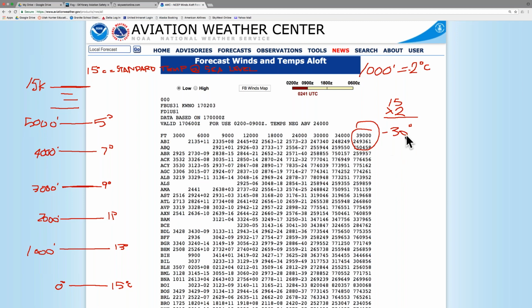To figure out the deviation from ISA, to figure out what ISA is, what the standard temperature is at 15,000 feet, we would take negative 30 and we would go 15 degrees Celsius because we're going from sea level, and then we'd subtract 30 degrees Celsius to get our temperature at 15,000 feet, which equals a negative 15 degrees Celsius.